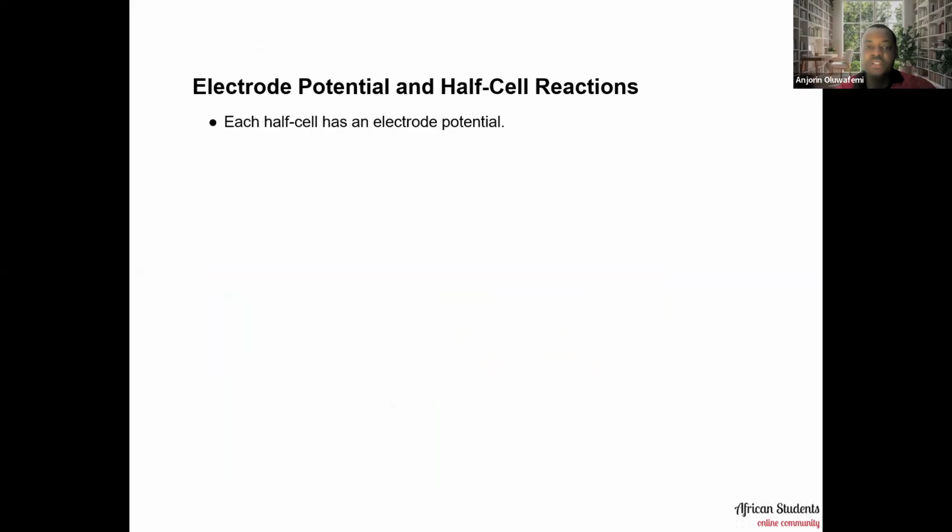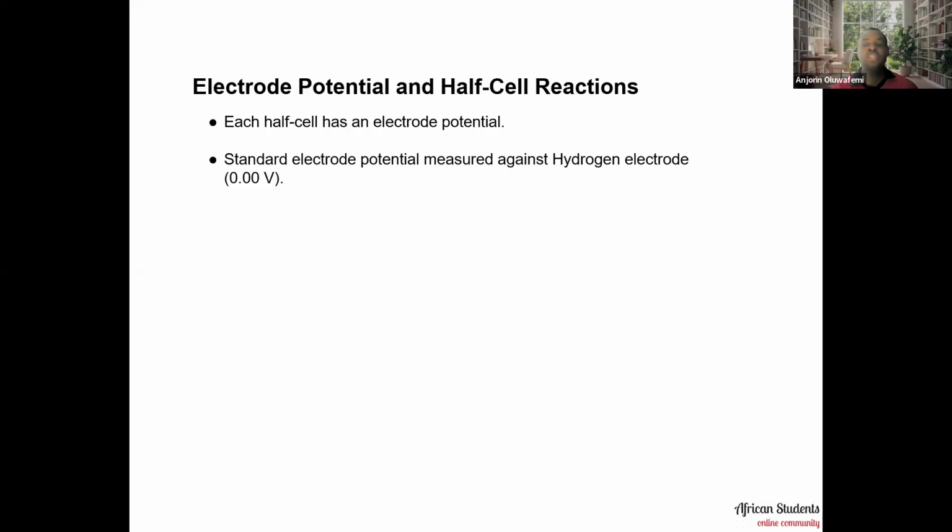We must also know that standard electrode potential is measured against the hydrogen electrode, which is like a standard, which is 0.00 volts. Cell potential can be calculated using E cell.